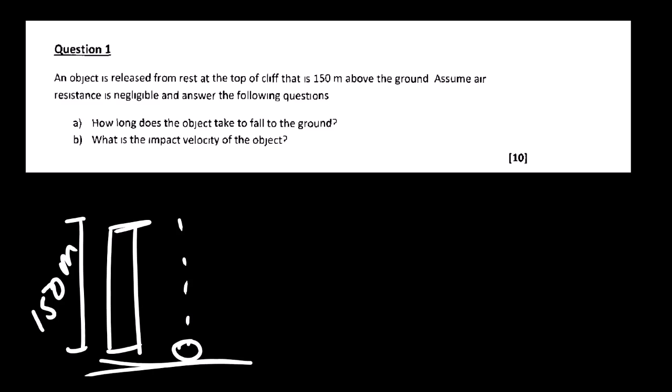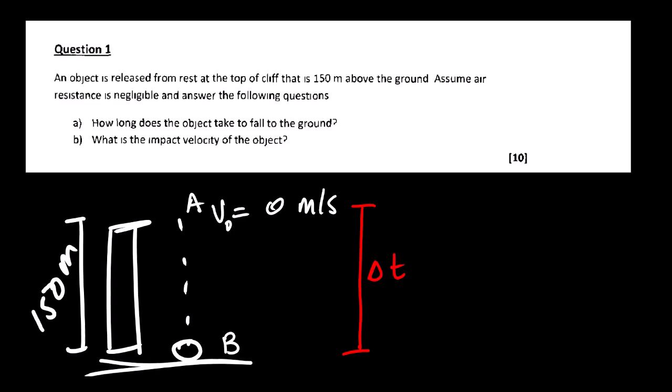Now, the moment they say the object was dropped, it simply means the object was not projected. So the initial velocity will be 0. And then we know that, suppose this is point A, this is point B, from point A to point B, this object will travel for a certain time.